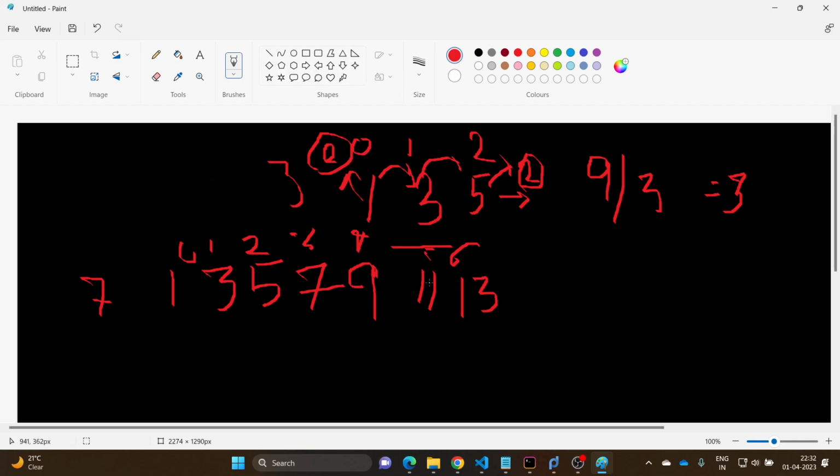Now again I would take the mean of all of these elements. So 1 plus 13 is 14, 11 plus 3 is 14, 9 plus 5 is 14, that's 42, and 7, this gives 49, and divided by 7, that should give me 7.